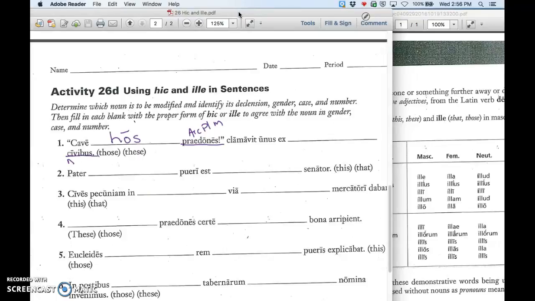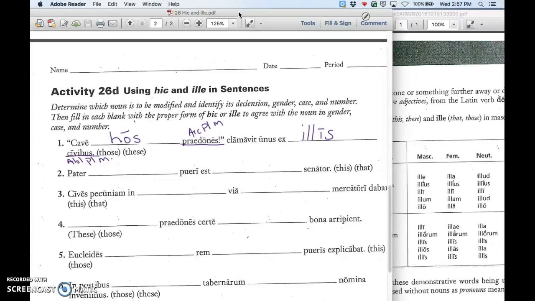But we know that this is ablative and plural. And the thing about civibus is it can be masculine or feminine. I'm going to go ahead with masculine there. But it really doesn't matter, because once you get into dative and ablative plural, they're all the same. So we're just going to look at that chart, and then we're going to find that illis is the answer there.